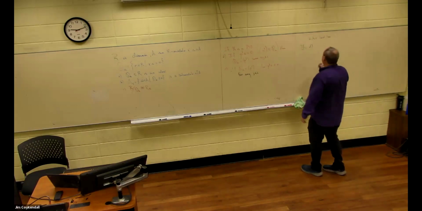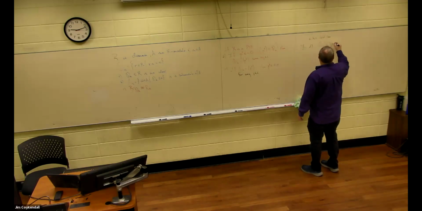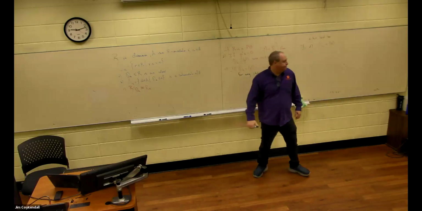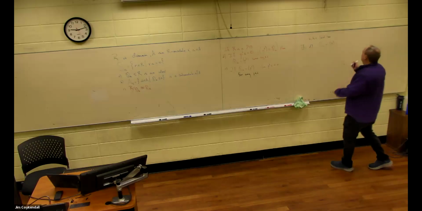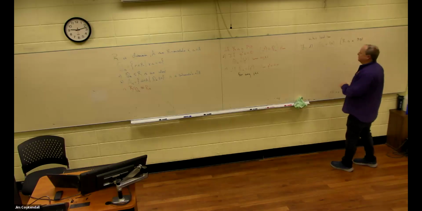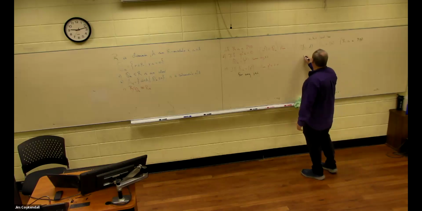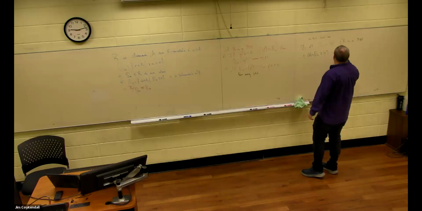Well, notice that this thing is actually generated by x. And this is the assumption that R is a PID. Right? And so the ideal generated by x contains p^i, therefore x divides p^i.